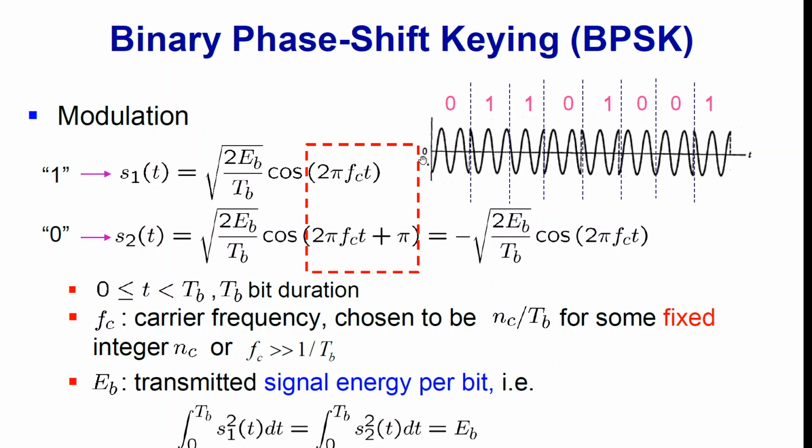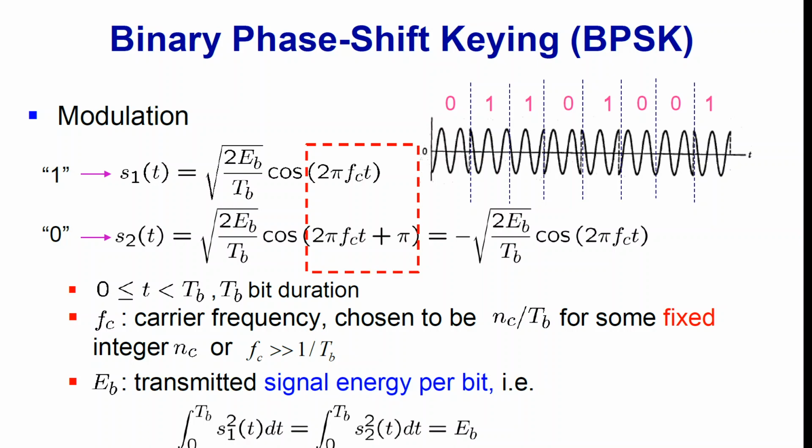This is for getting an integer number of cycles within a duration TB. So you will get NC number of complete cycles in 1 bit duration. That is exactly for a symbol representation.